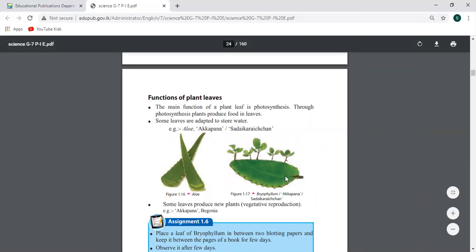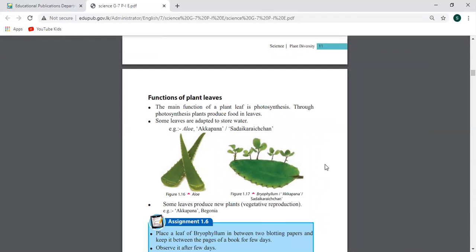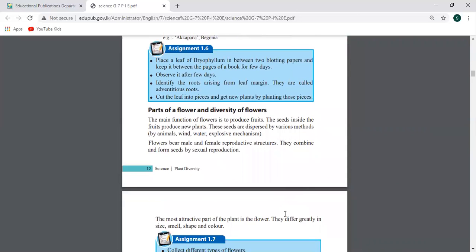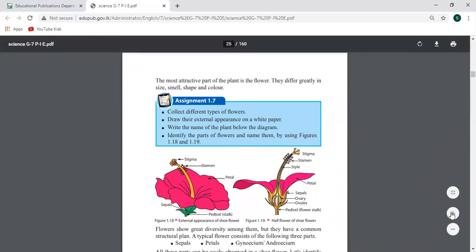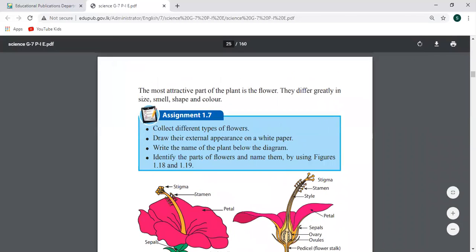This is kind of producing leaves, like producing new plants. This big leaf is producing new plants, so it has vegetative reproduction. And let's name flowers. So this is also important.